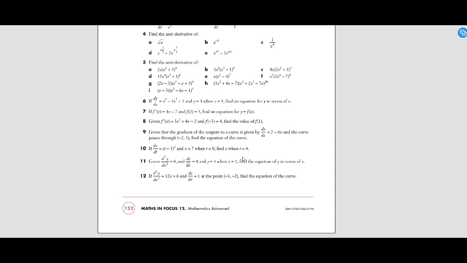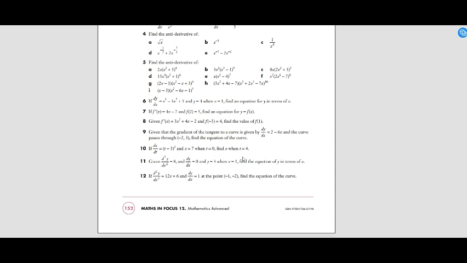Now you need to find what you need to find, and after you find it, you substitute t equals 4. Seems like a very interesting problem. Maybe I'll solve it. The next one is d square y divided by dx square equals 8, and dy by dx equals 0, and y is equal to 3 when x equals 1.